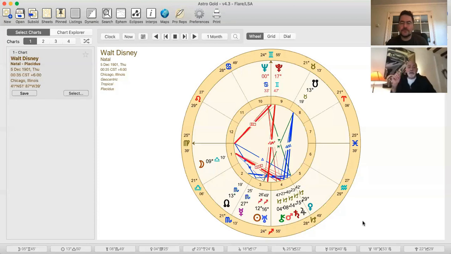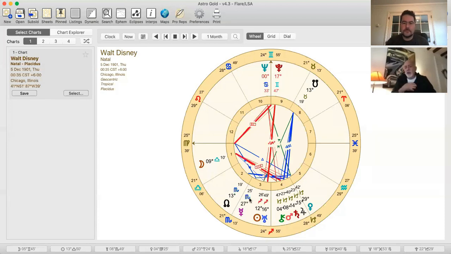A major aspect might pop off the page. Maybe placements of planets in houses. And the most, I won't call it the most important planet in the chart, because I don't think that there is such a thing, but the most personal planet is, I think, the ruler of the chart, in his case, Mercury.